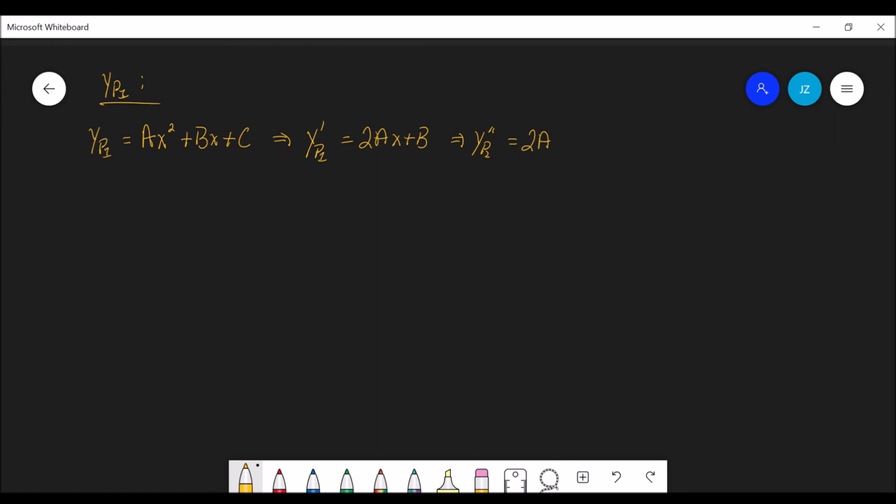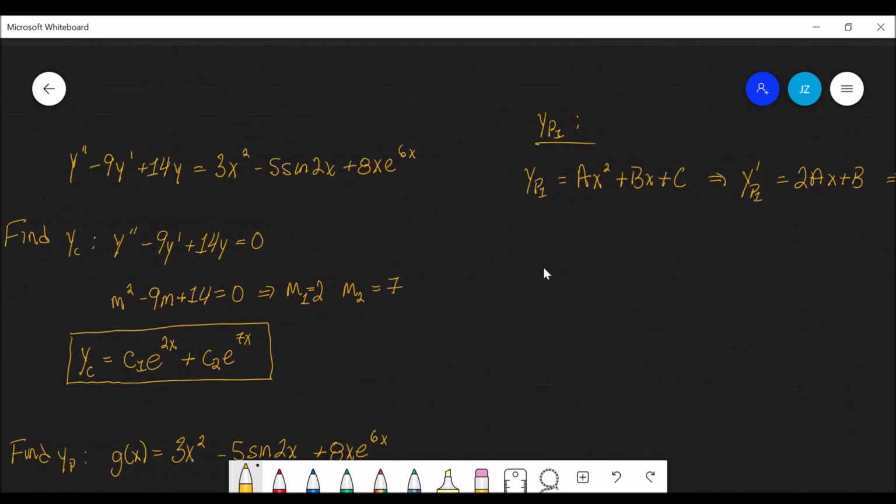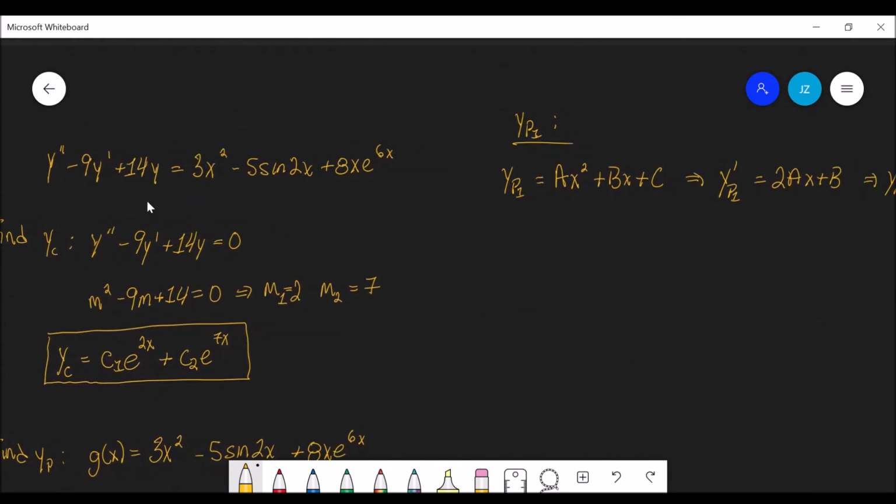We now take these values and plug them in to the differential equation, except we're only going to consider this equals 3x squared part.